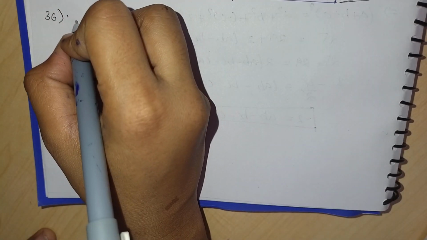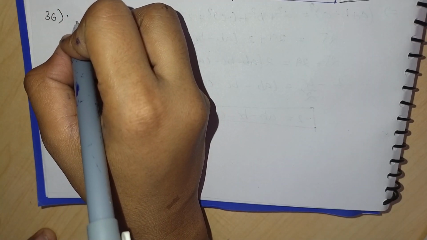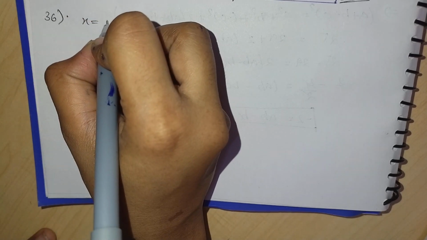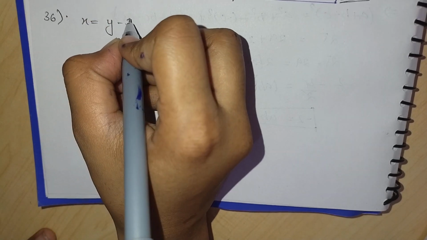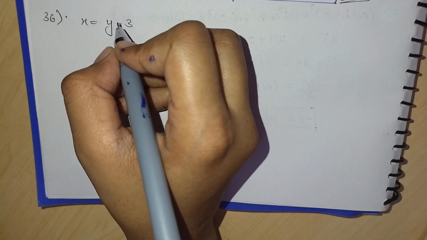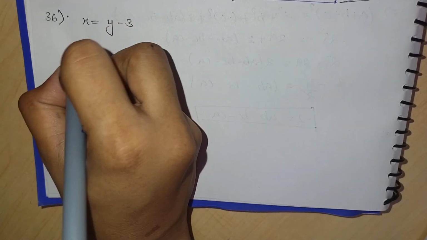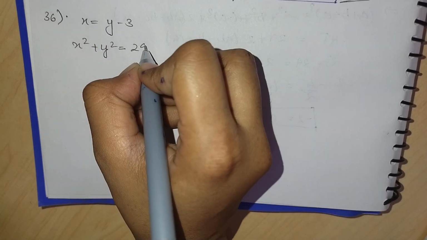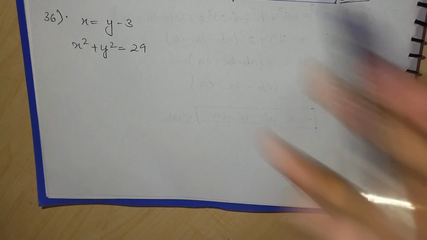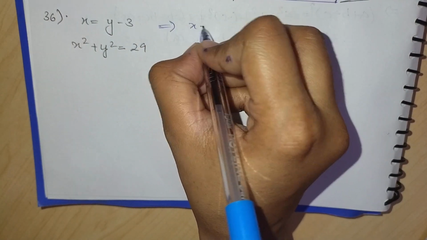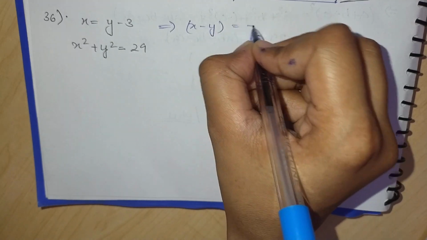Now let us solve the 36th question, which says that if the number x is 3 less than the number y, so it means x is equal to y minus 3, then the sum of the squares of x and y is 29, that is x square plus y square is equal to 29. Then find the product of x and y. So we can write it as x minus y equal to minus 3.